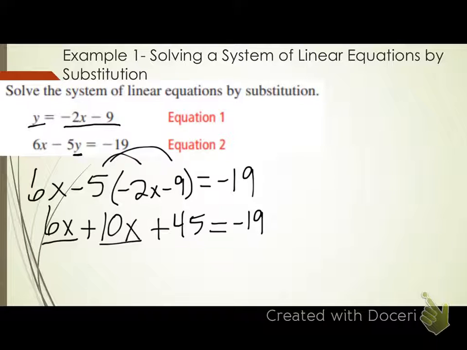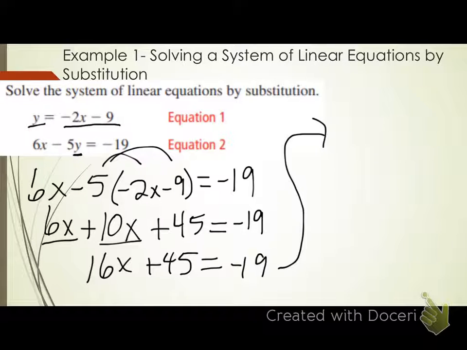What do I get when I combine those? 16x plus 45 equals negative 19. Now what can I do? Subtract 45 from both sides. Trying to get x by itself. Negative 19 minus 45.